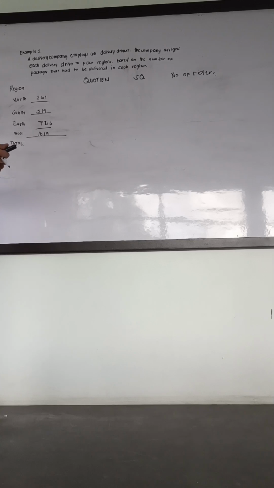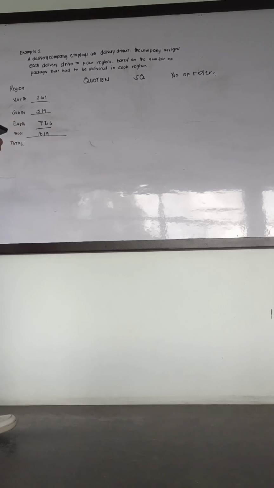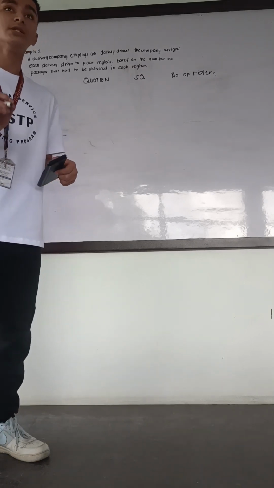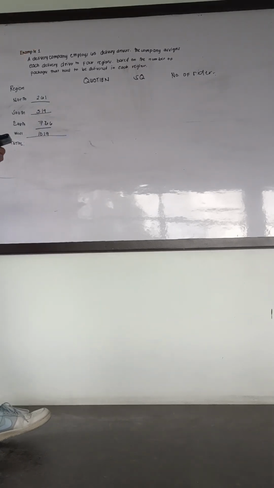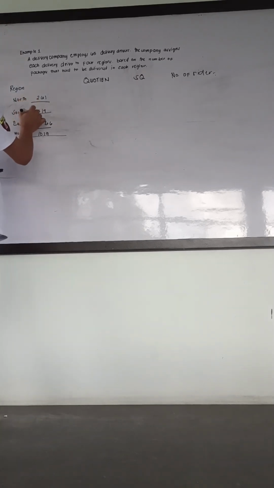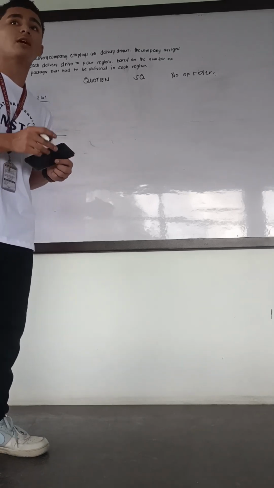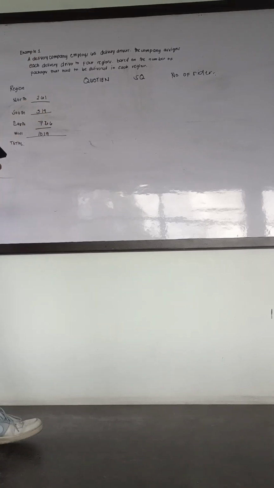First step is we must calculate the standard divisor of the given problem. As we can recall, the standard divisor is the total population divided by the total number of persons assigned in that specific problem.